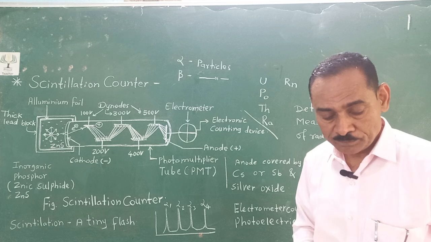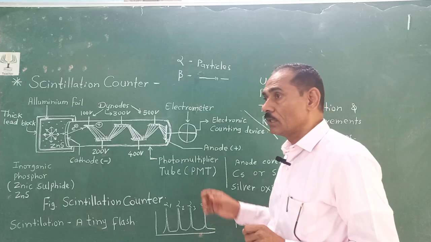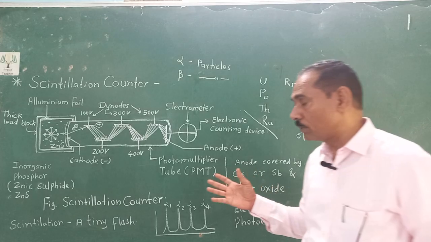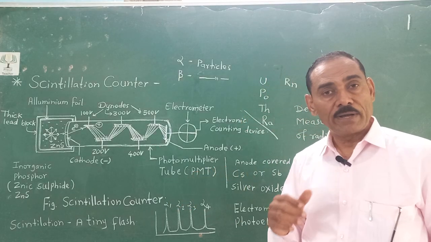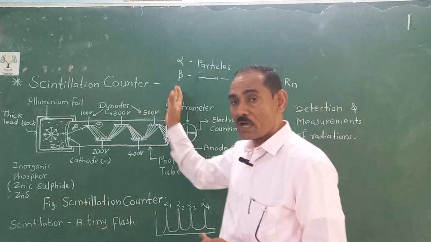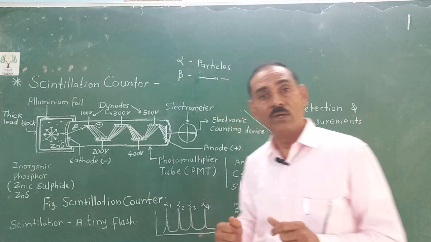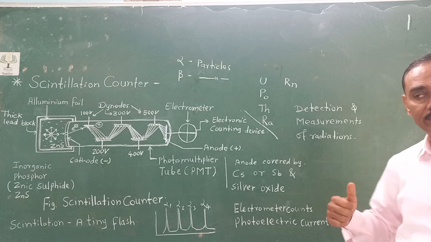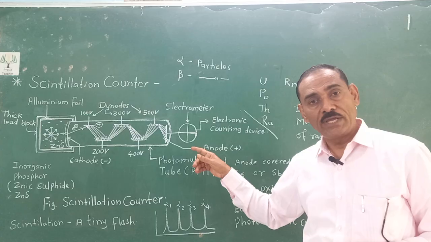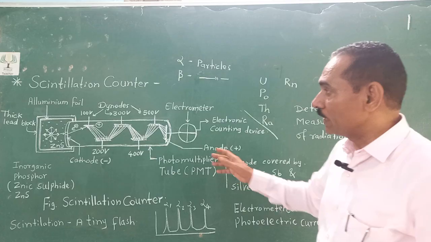See, alpha particles and beta particles have particle nature, but gamma rays are rays with a continuous emission of light energy. That may also be identified with the help of this device, and this is the most efficient or significant application of the scintillation counter.